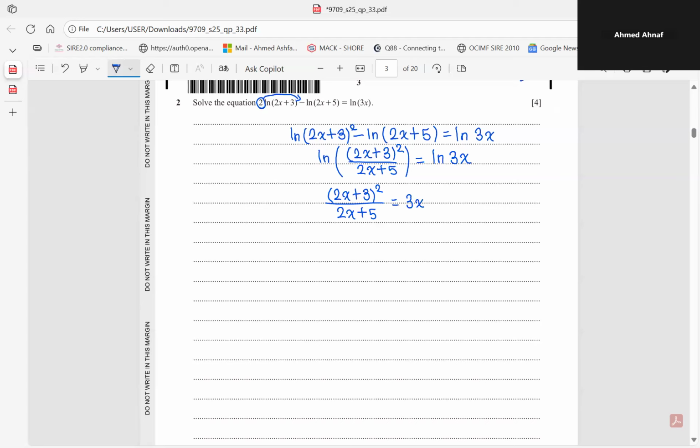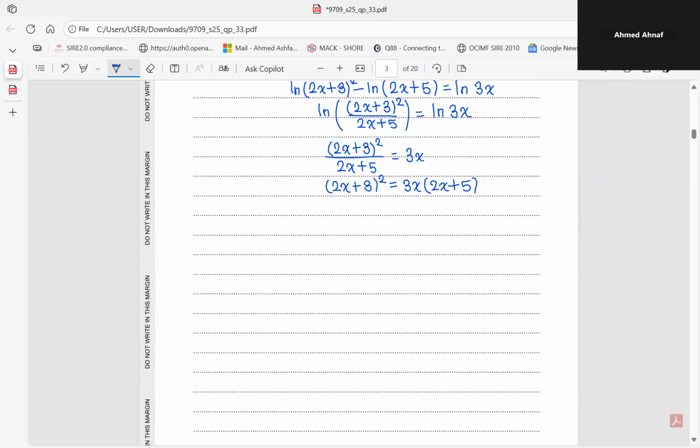Okay, and now we can multiply both sides by 2x plus 5. So this would be equal to 3x times 2x plus 5. Let's expand the left-hand side first. So we'll be using a plus b squared equals a squared plus 2ab plus b squared.